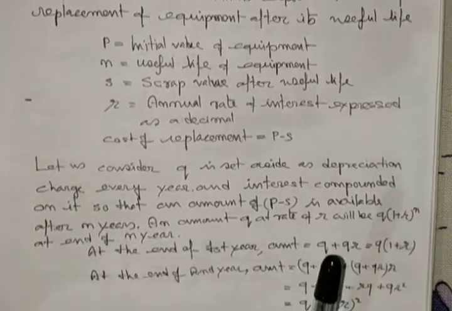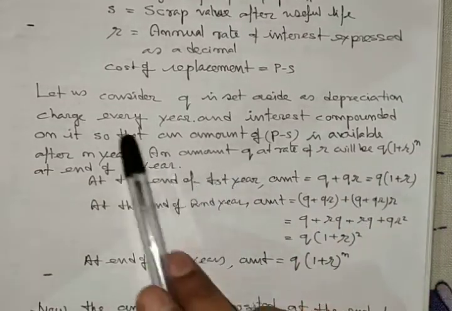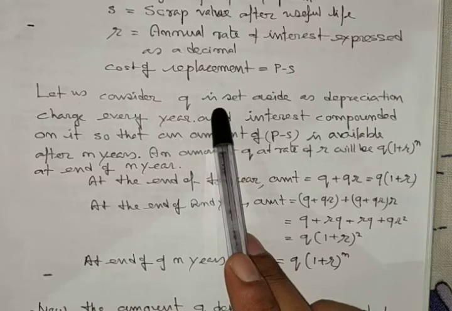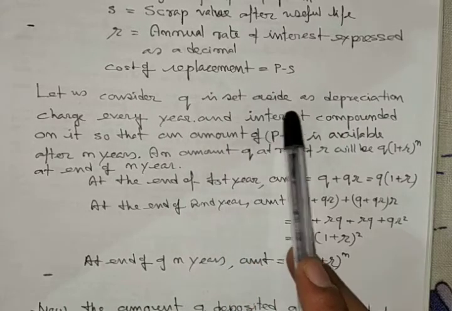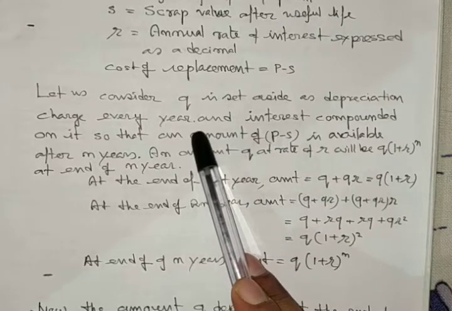Let's consider Q is set aside as a depreciation charge every year.